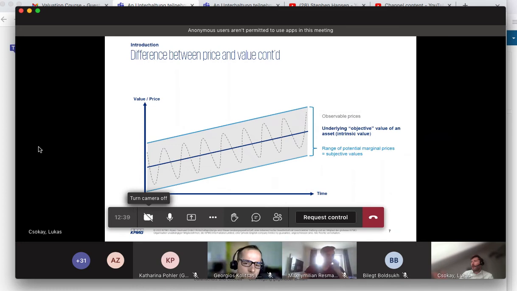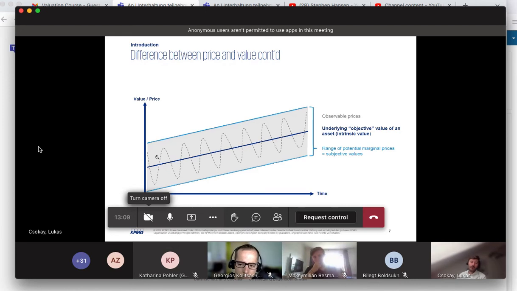And here again, you can see more or less the same picture as we discussed on the slide before. You have your underlying objective asset value, which is here the dark blue line. And then you have your market prices, which fluctuate around this intrinsic value.